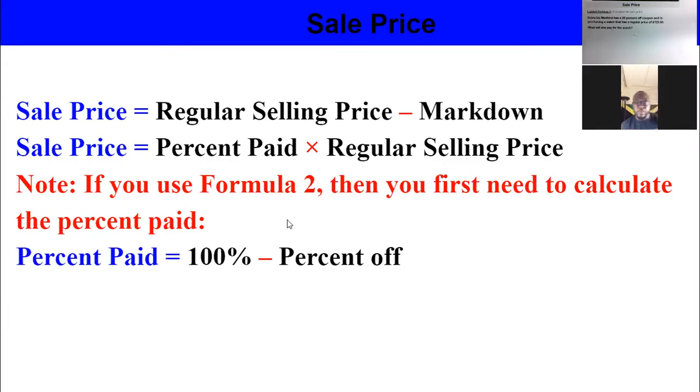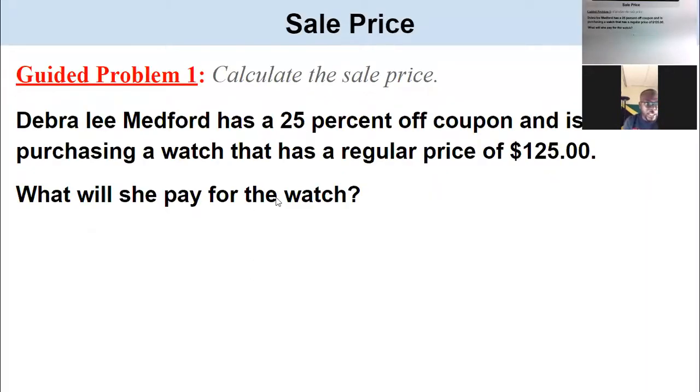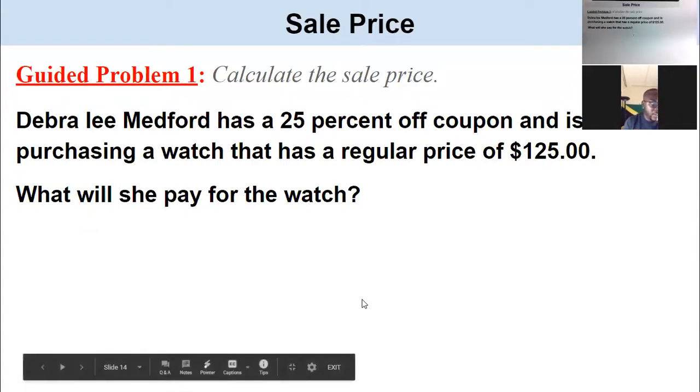How do we find the percent paid? It's going to be 100% minus the percent off, that's the discount. So if they say 20% off or 30% off, it's going to be 100% minus 30%. And then you multiply that by the regular selling price.